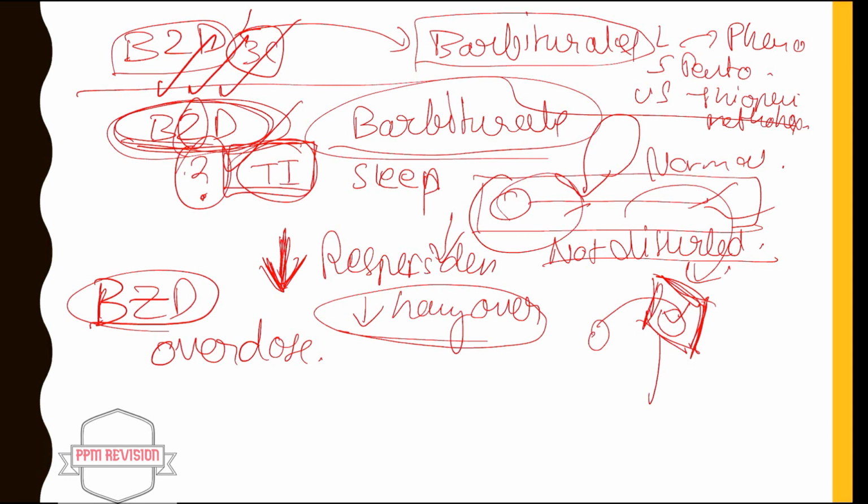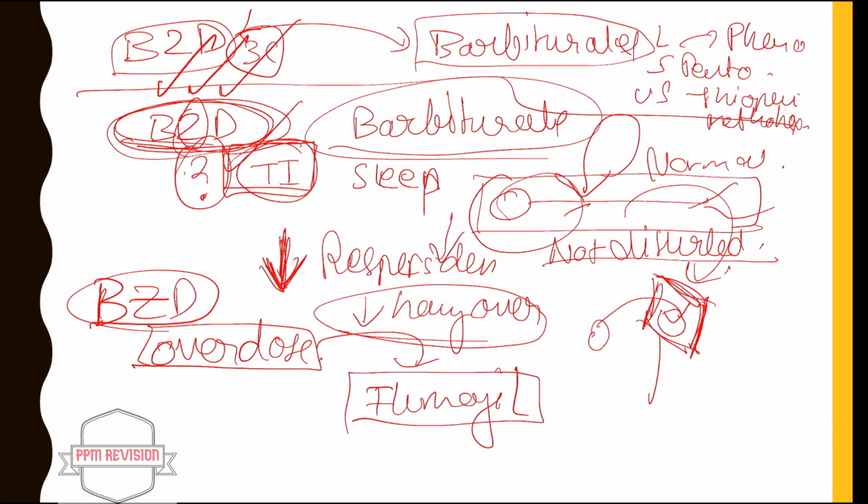We have an antagonist which can be used, that is nothing but flumazenil. So flumazenil is used in case of overdose.